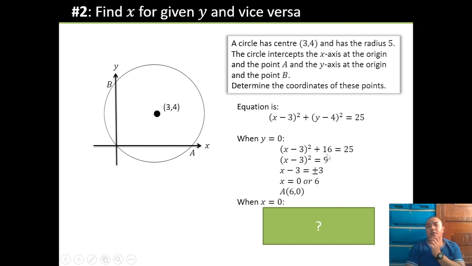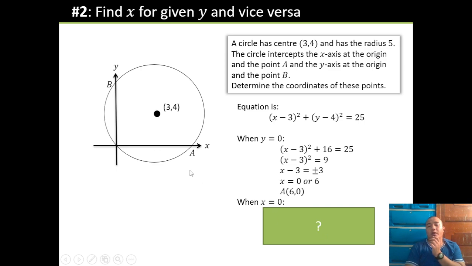So negative 4 squared is 16. 25 minus 16 is 9. Then by square root method, positive negative 3 plus 3, so 6 or 0 ang x. So hindi natin pwedeng i-choose yung 0 kasi origin na yun. So dapat 6, 0. So point A is at 6, 0.